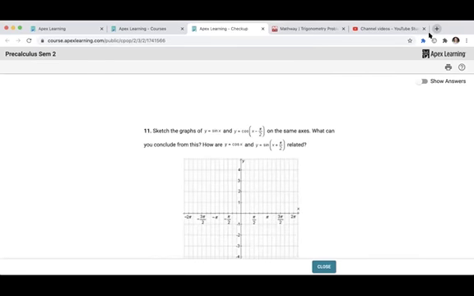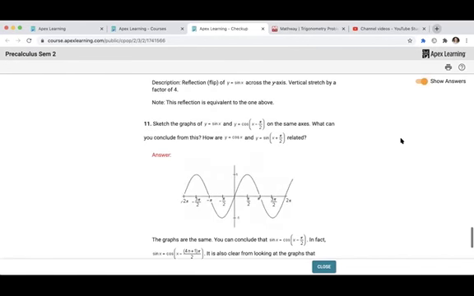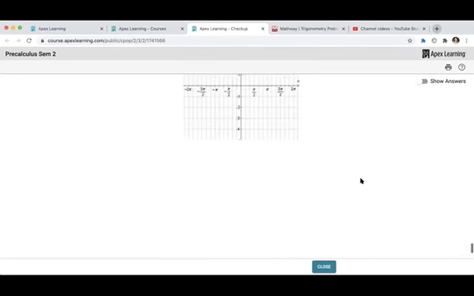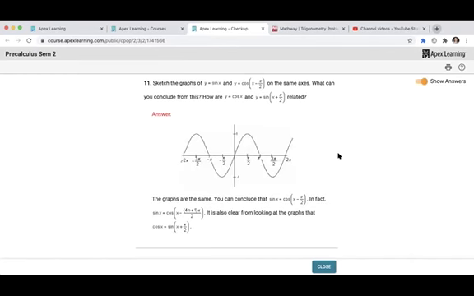All right, and if we look at this final question, I wanted you to notice it says, sketch the graphs of sine of x and cosine of x minus pi over 2 on the same axes. Okay, what can you conclude from this?